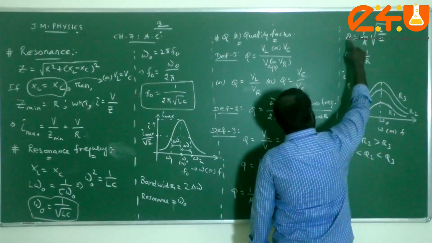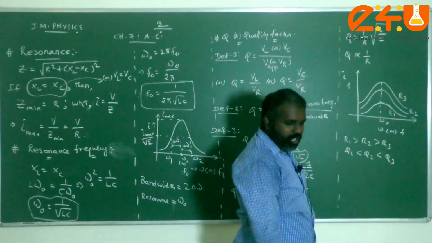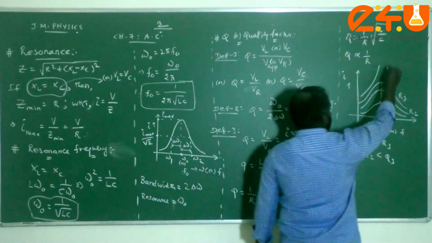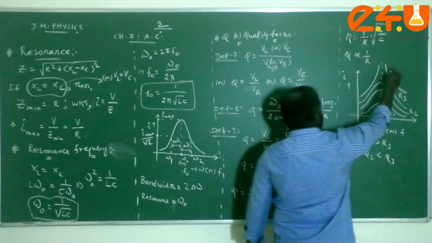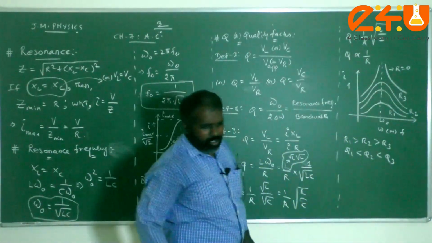R equal to 0 means Q equals infinity. That means the current will have a very large or infinite value. That case may be drawn like this, corresponding to R equal to 0.